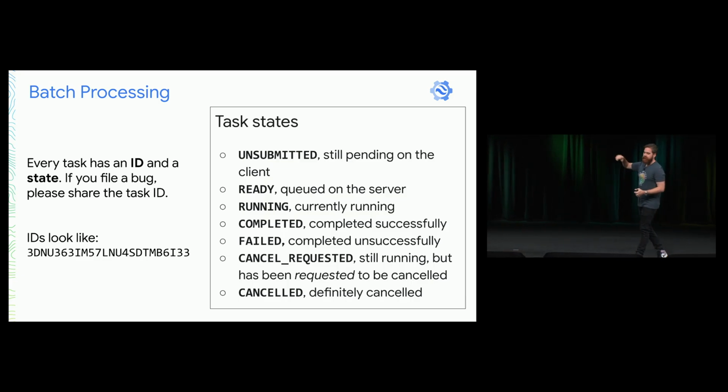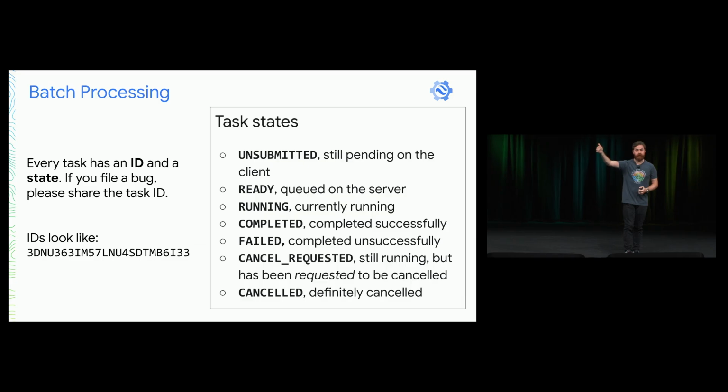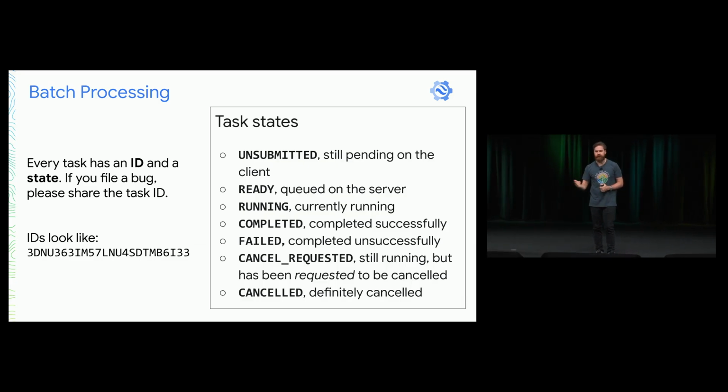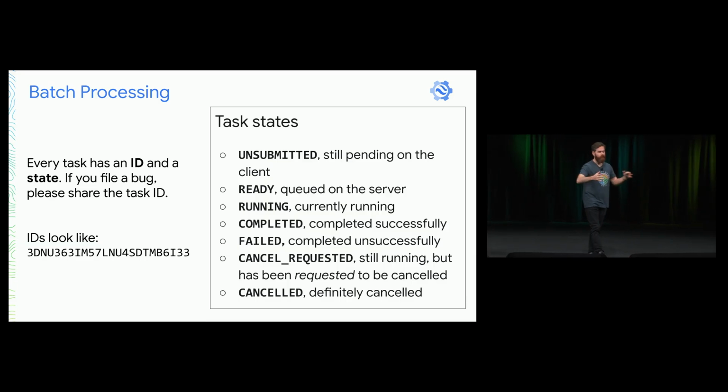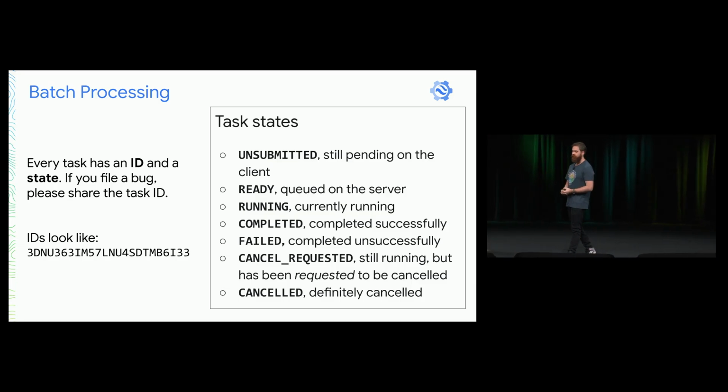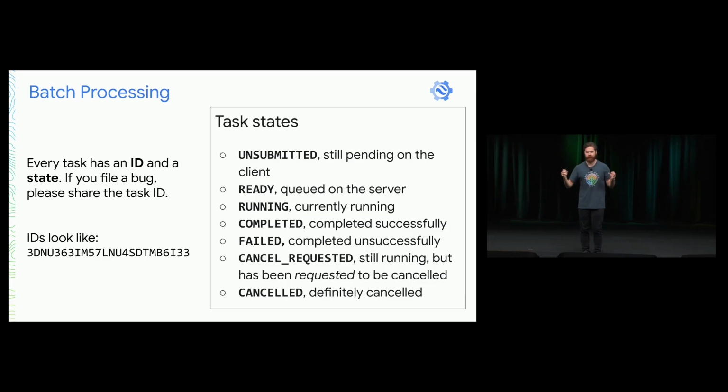I won't read all the states, but they can succeed. Hopefully they succeed. Sometimes they can fail. You can cancel them, but they are long-running things. Like we said before, they usually take a minute to start up, sometimes longer. In starting up, we are gathering a bunch of machines, workers, and resources to distribute that problem across.